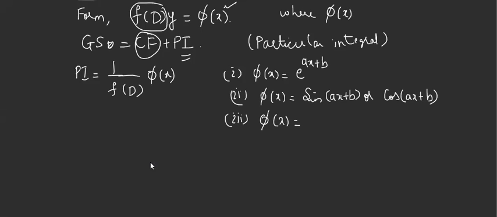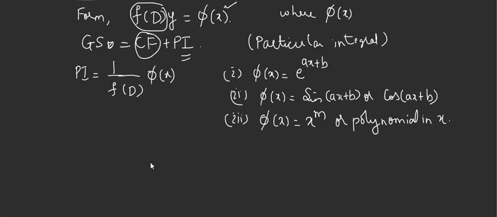Third, phi of x may be of the form x raised to m, or a polynomial in x. Just as depending on the nature of the roots you wrote 3 different formats of CF, likewise depending on these different functions of phi of x, we have to write a particular integral. So we have only 3 cases: exponential, trigonometric, and polynomial. All 3 are different. Don't attach one to another.